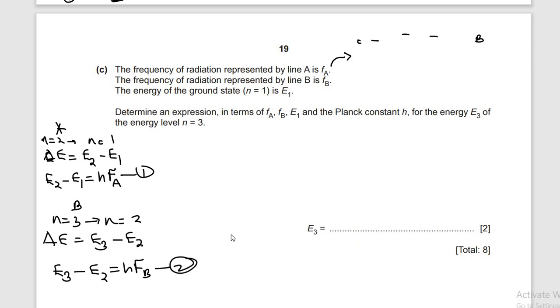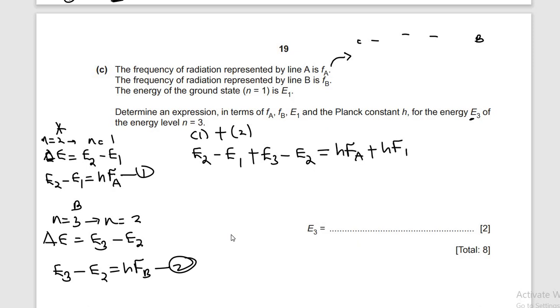I call it equation 2. Determine the expression for E3 in terms of FA, FB, E1 and the Planck constant. We are looking for E3, so add equation 1 and equation 2 together. That will be E2 minus E1 plus E3 minus E2 equal to hFA plus hFB.